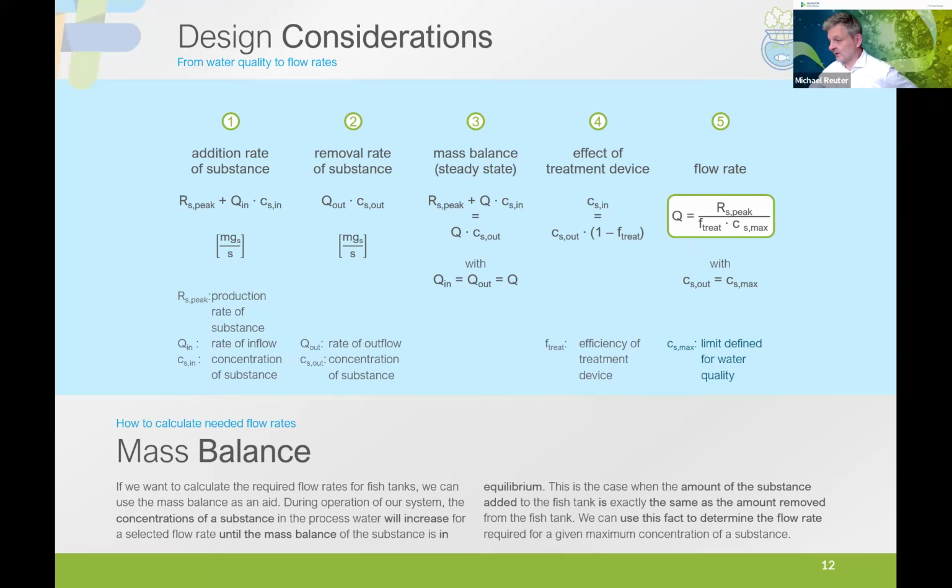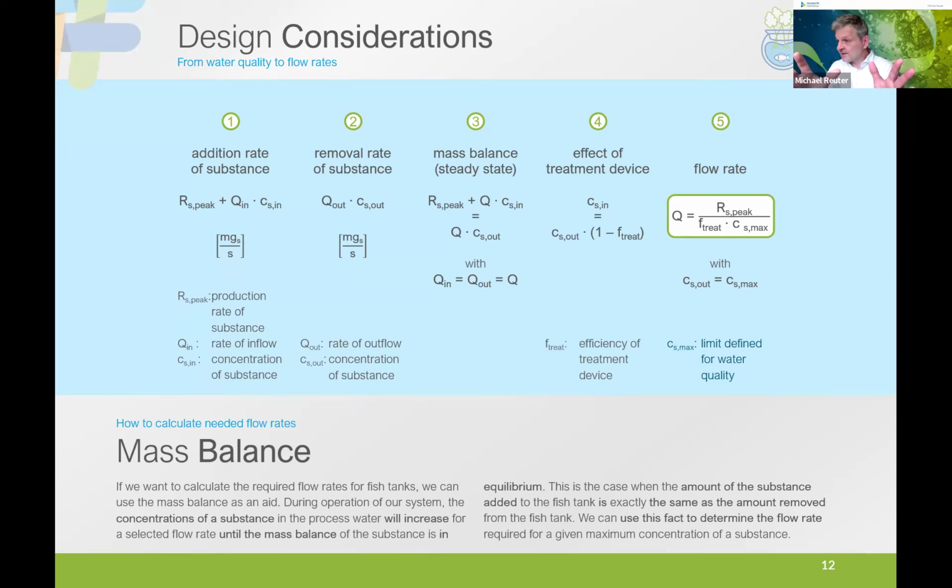So for example, if we know that our solid separation has an efficiency of removing about 70% of all the solids every time that the water runs through the filter, we would put in here 0.7, and the maximum allowed concentration for our fish species of this waste product.